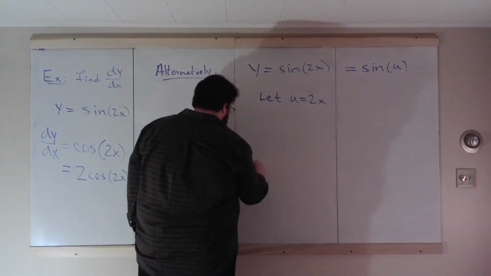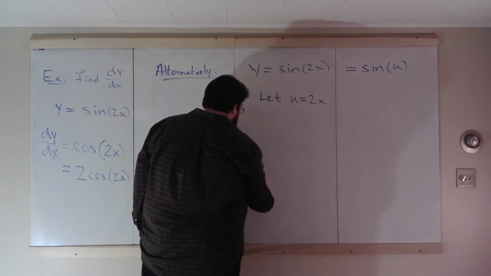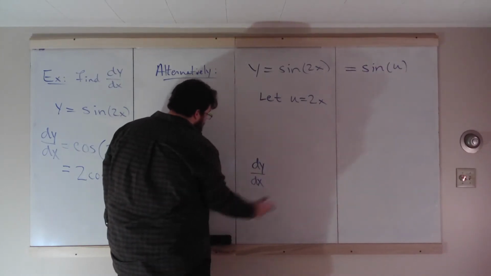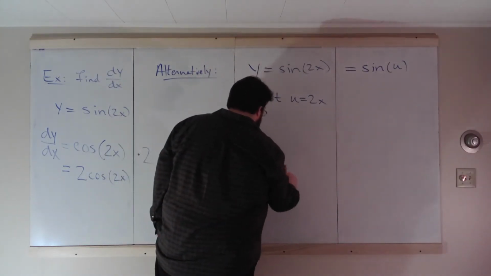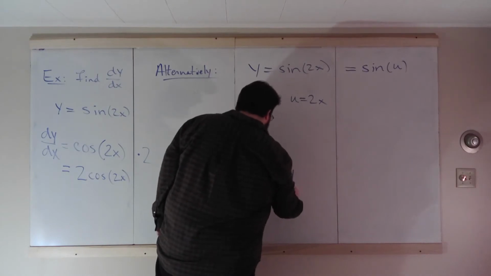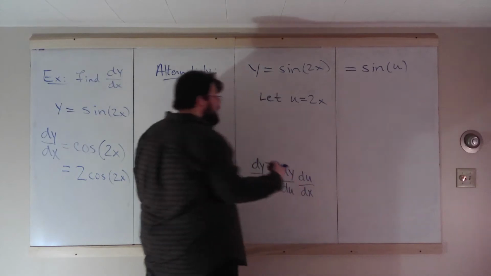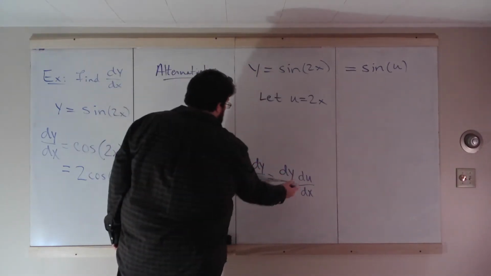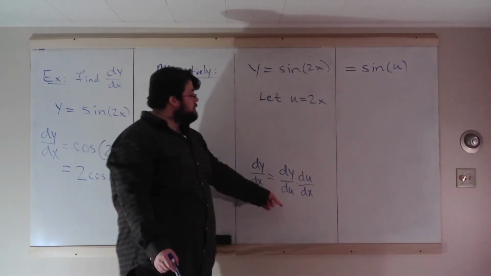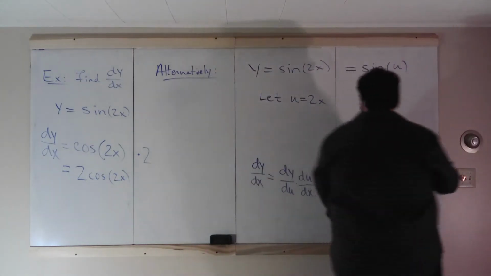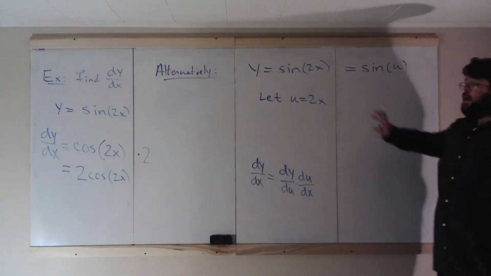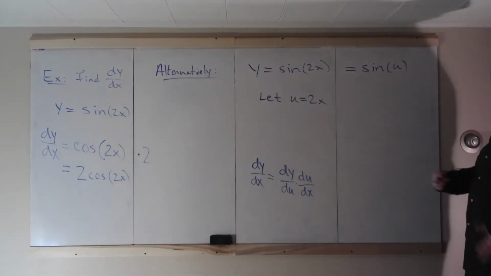Our goal, remember here, is to find dy dx, which can be broken down into dy du times du dx. Meaning we need y to be a function of u and u to be a function of x. Well, we have y as a function of u and u as a function of x, and we can take both derivatives using the chart.